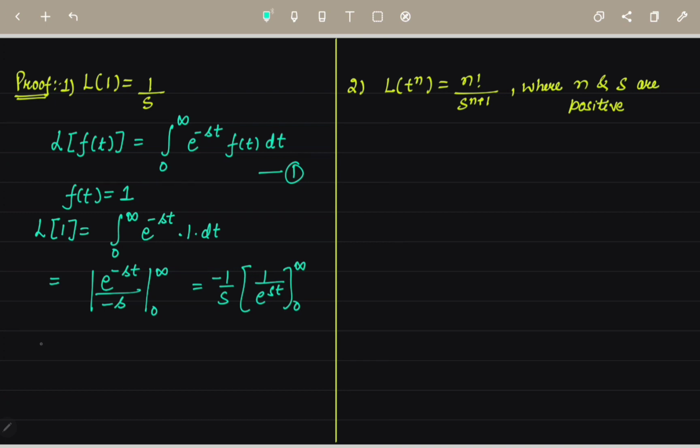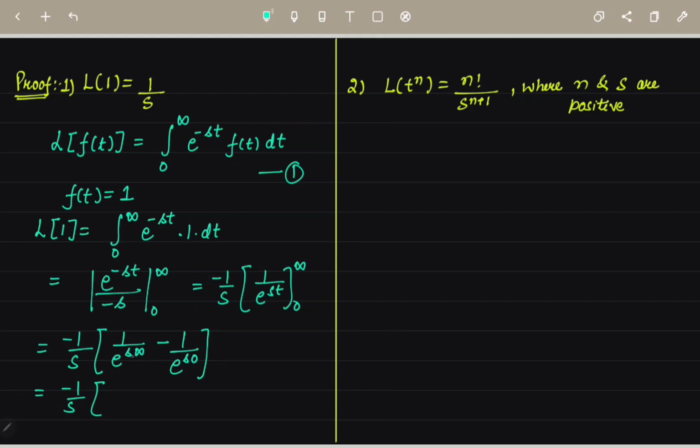So here the first limit is infinity and the second one is 0. So I will put this in the equation. So I will get minus 1 by s, then 1 by e raised to the power s into infinity, minus, for the second limit, e raised to the power s into 0.